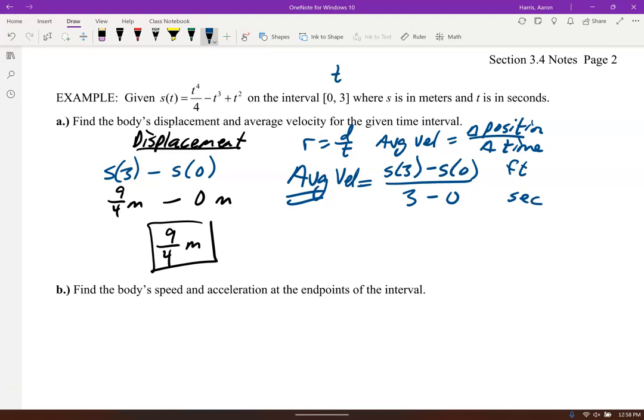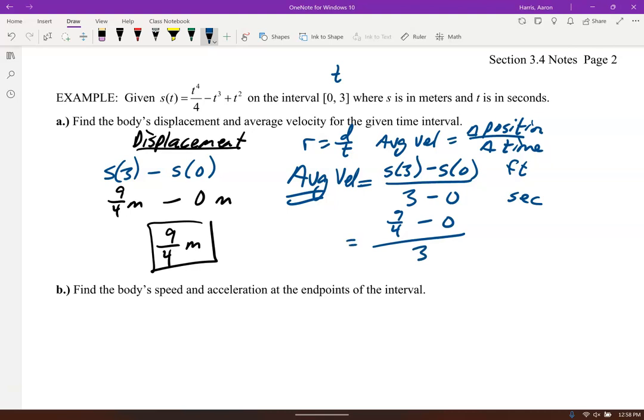So what we're doing is we're just finding the average rate of change, if you will, right? We're not finding the derivative. We're just finding the average velocity. You're finding the slope is what you're doing, right? Well, we found s of 3, it was 9/4. s of 0 was 0, and then over 3 minus 0, which is 3.